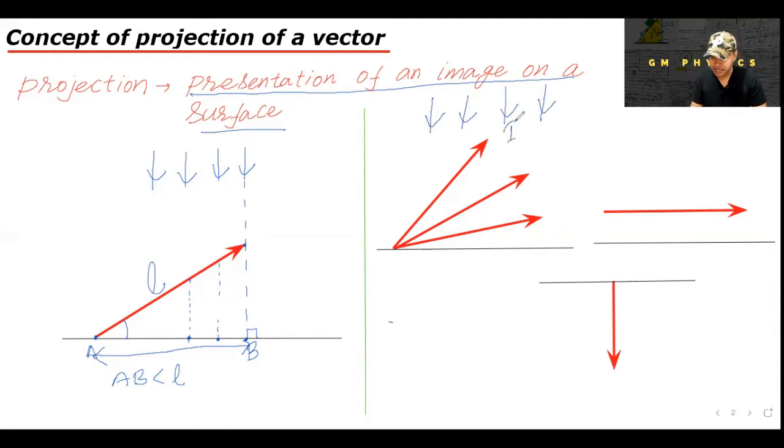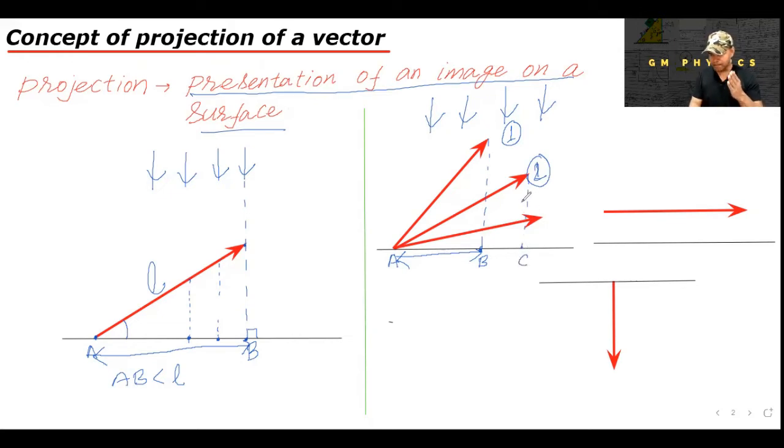In the first case, the image of the head will be formed here and the tail is here. Let's call it B. So the image will be obtained between A and B. The image length will be AB for case 1, for the first orientation. For the second orientation, the image will be formed between A and let's call this point C.